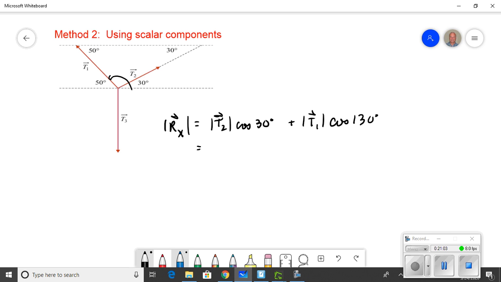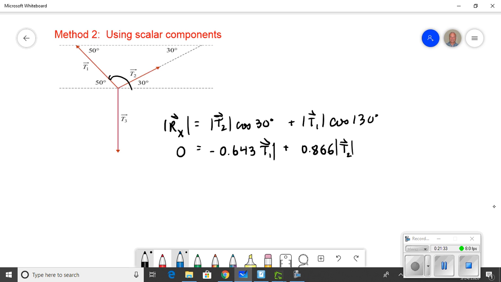So when I work this out, I get Rx, the resultant x, and there's nothing along the x-axis from T3. It's all along the y-axis. So this I know is 0, and I get a negative 0.643 times T1. I'm just going to rearrange that. I'm going to use these as variables here. And then a plus 0.866 times T2.